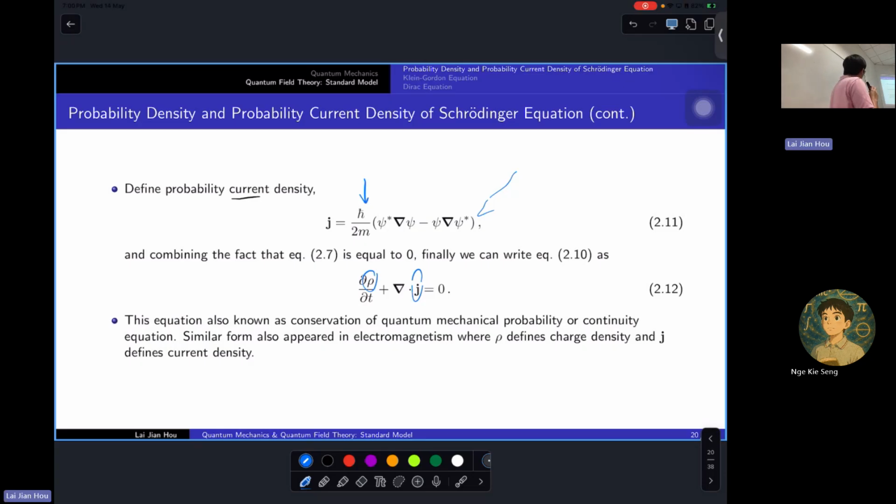I'm not sure I get your question correctly. In electromagnetism, this tells us about the continuity equation, in the sense that this is one of the Maxwell equations, which can be derived.